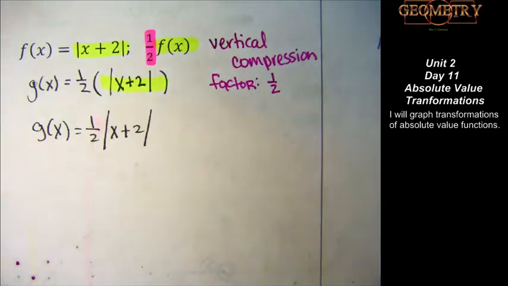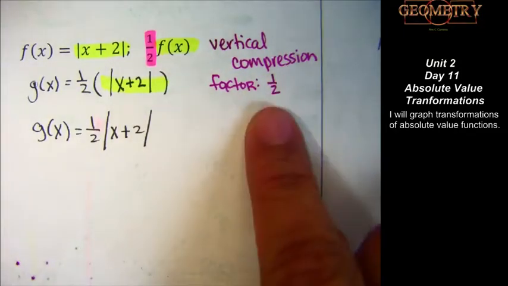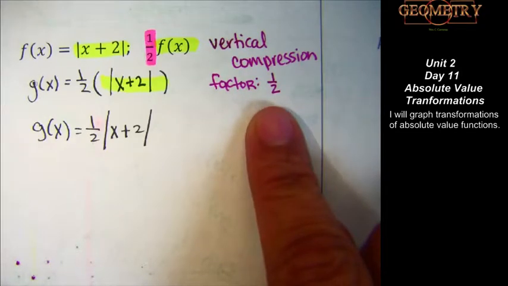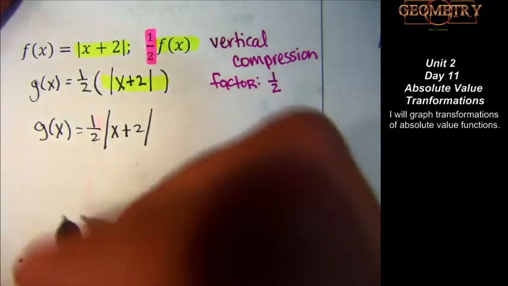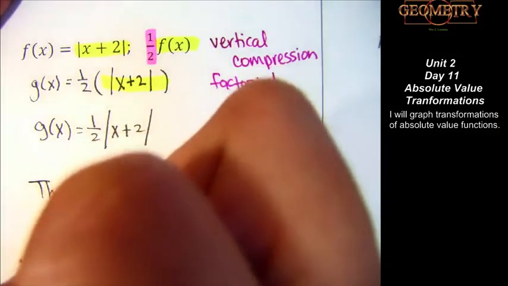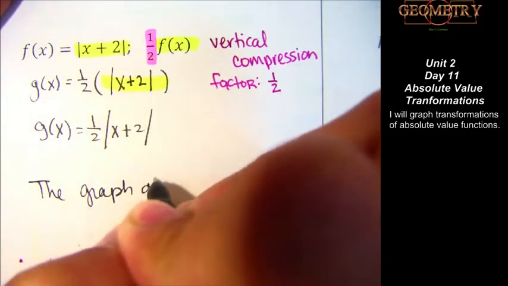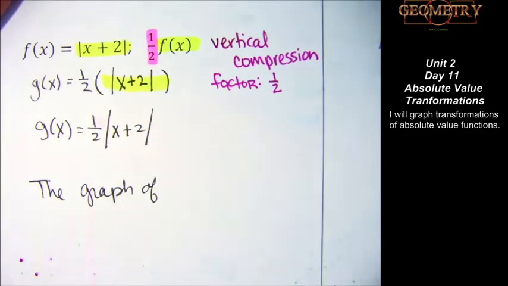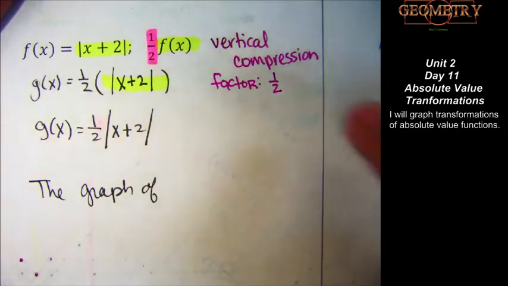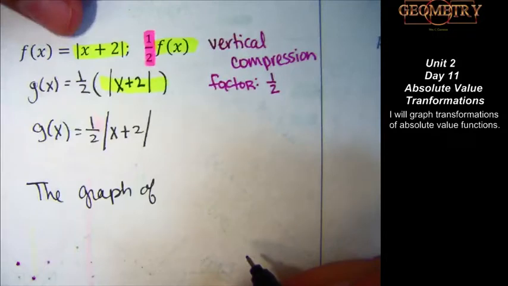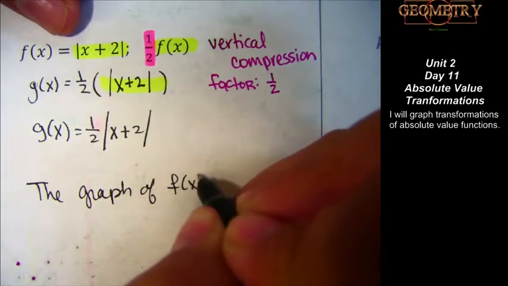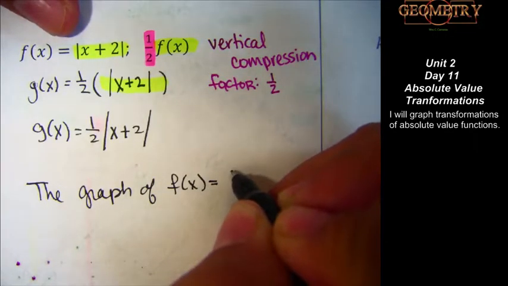Okay? Let's write out the description of what happened, which was right here. We already did the hard work. Now we just need to write it as a full sentence. So we can write something like the graph of, I'm sorry, one more time? It's vertically compressed by half. Beautiful. Yes, I'm going to write that the graph was vertically compressed. So I'm going to write the graph of this thing because we like to be specific in math.